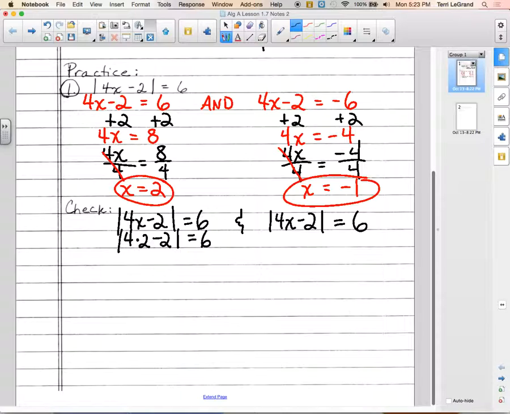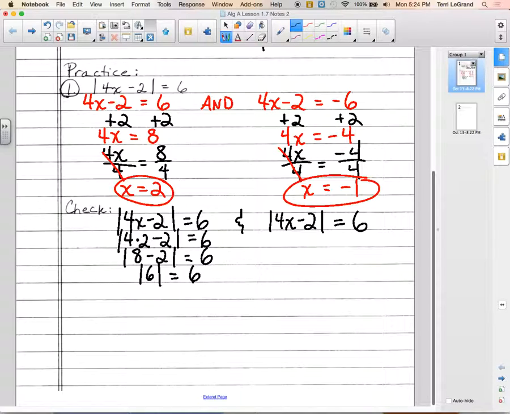And now we're going to simplify that expression inside the absolute value bars before we take its absolute value. So we multiply before we subtract. So 4 times 2 is 8. So we have 8 take away 2 now inside the bars. And 8 take away 2 is 6. So we have the absolute value of 6.